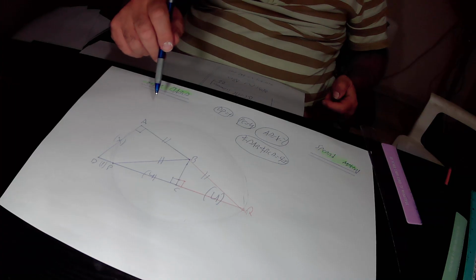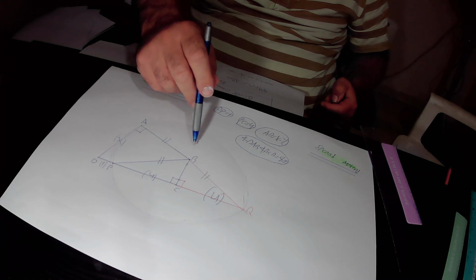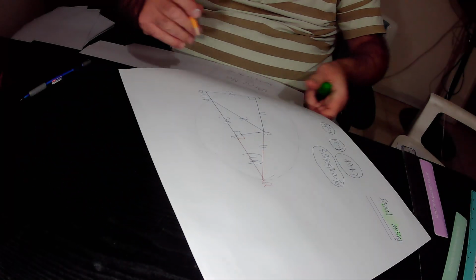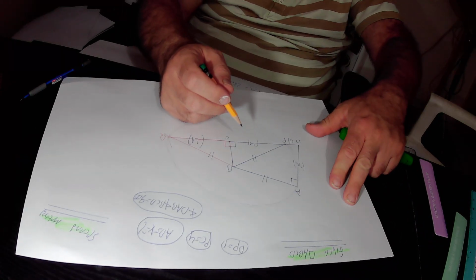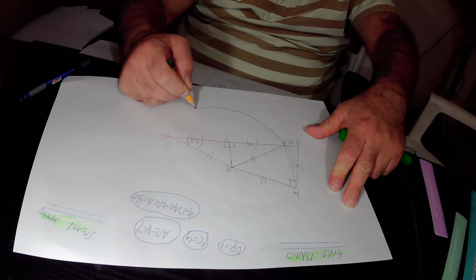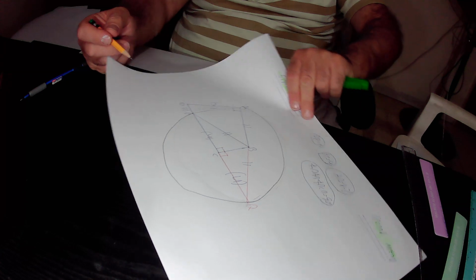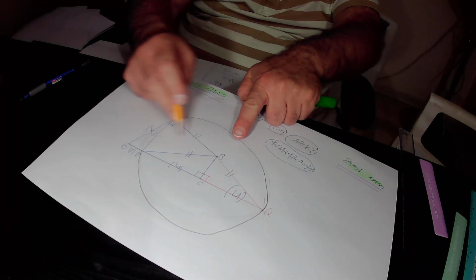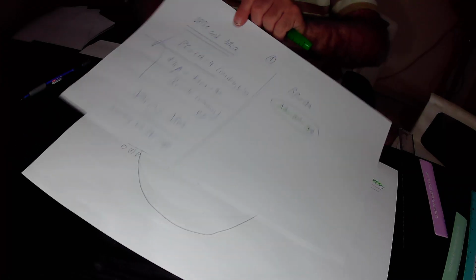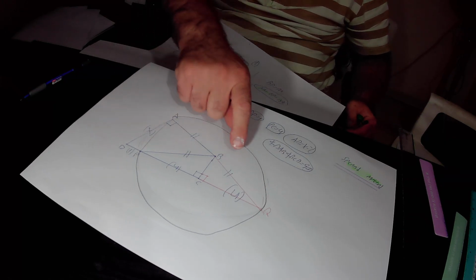And because AB equals BP equals BQ, AB is the radius of the circle, and therefore BP is also the radius of the circle, and BQ is also the radius of the circle.